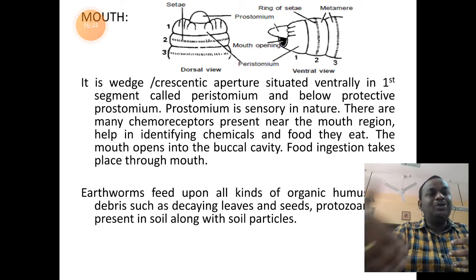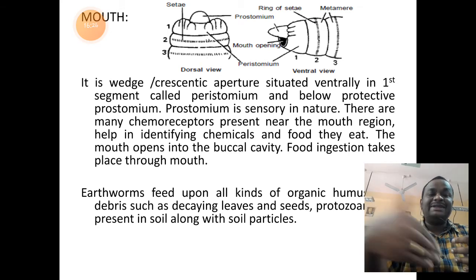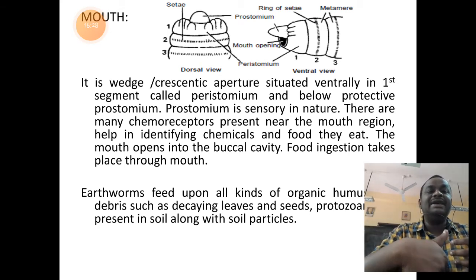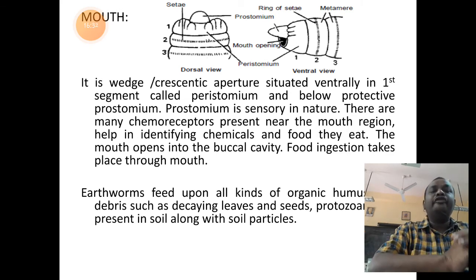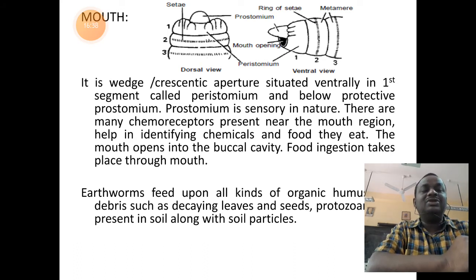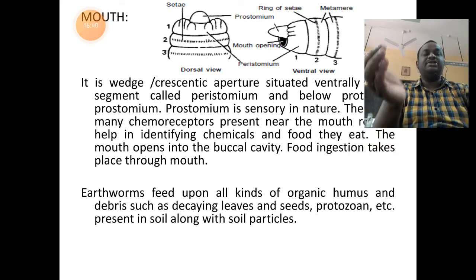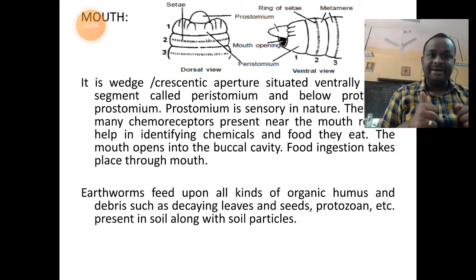Then the mouth will lead into the next important digestive canal part called the buccal cavity. So, remember students, food is ingested through the mouth. This is the digestive canal part through which the food enters the body of the earthworm.